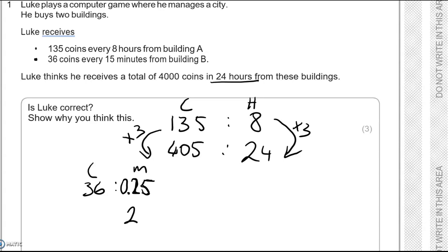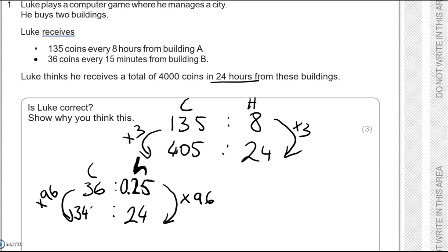So we're going to get this now to hours. And there we go. From 0.25 to 24, what do we multiply by? We can work it out by dividing 24 by 0.25. And that is 96. So we're going to do the same over here.